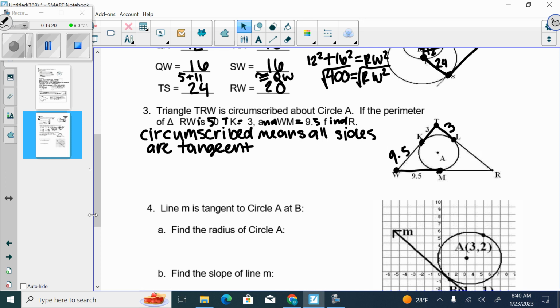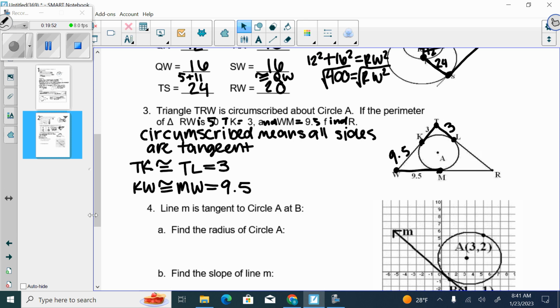So we know that TK was congruent to TL because they both equal 3. And we know that KW and MW are congruent. So that means they both have to be 9.5.